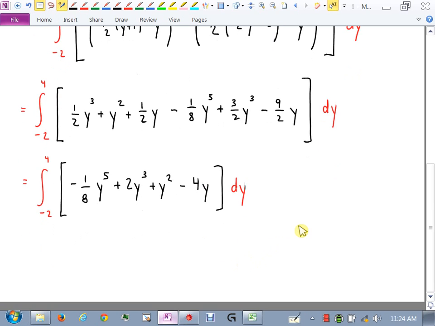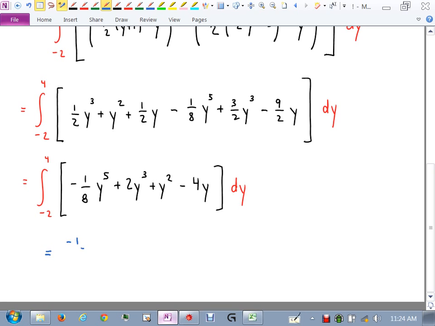Now you're just back in Cal 2. I was saying Cal 1 last time, right? Back in Cal 2, you integrate that, just normal integration. Power rule. So equals 8 times 6, 48.